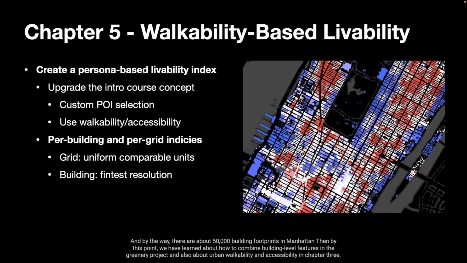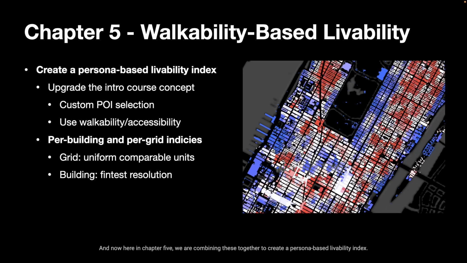Then, by this point, we have learned about how to combine building-level features in the greenery project, and also about urban walkability and accessibility in Chapter 3. And now here in Chapter 5, we are combining these together to create a persona-based livability index.